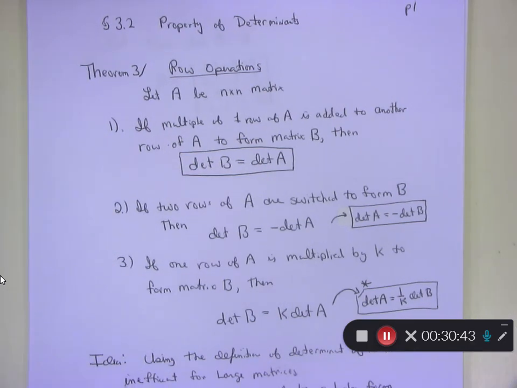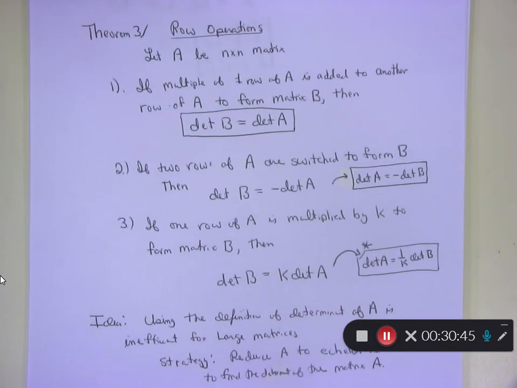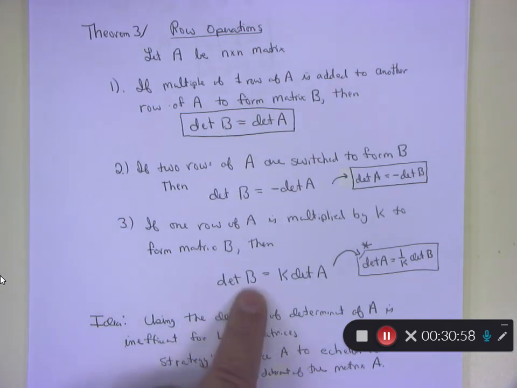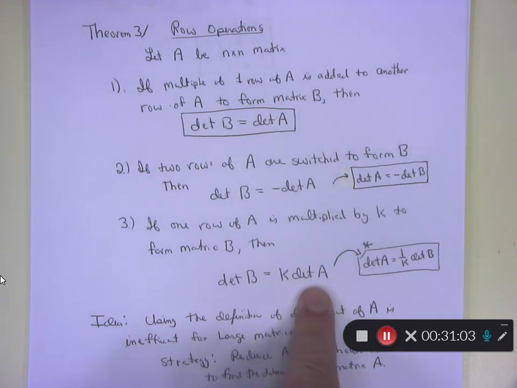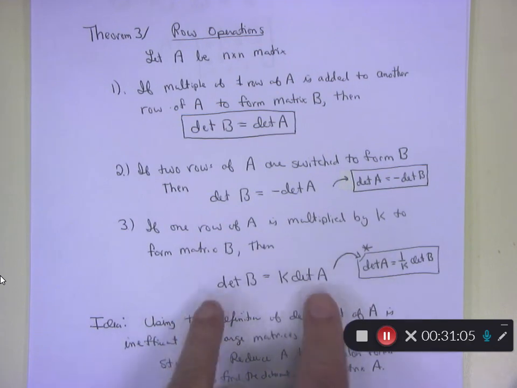And then there's property number 3 here on theorem 3. If one row of A is multiplied by a constant to form matrix B, then the determinant of matrix B will be equal to that constant K times the original determinant of matrix A. So this is a way of thinking about it.